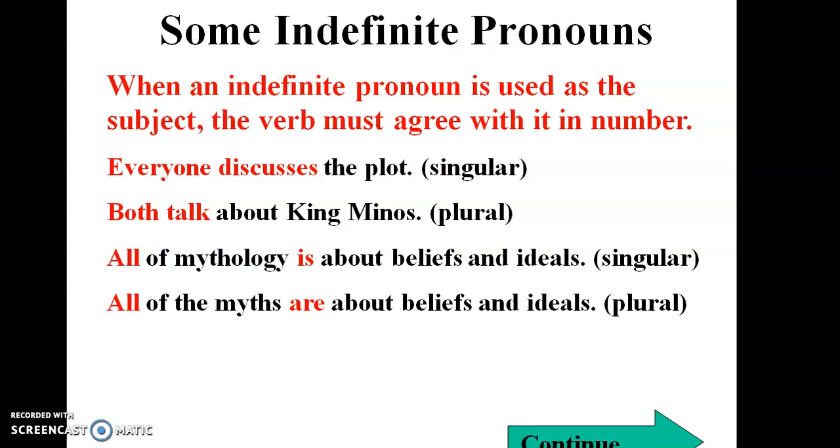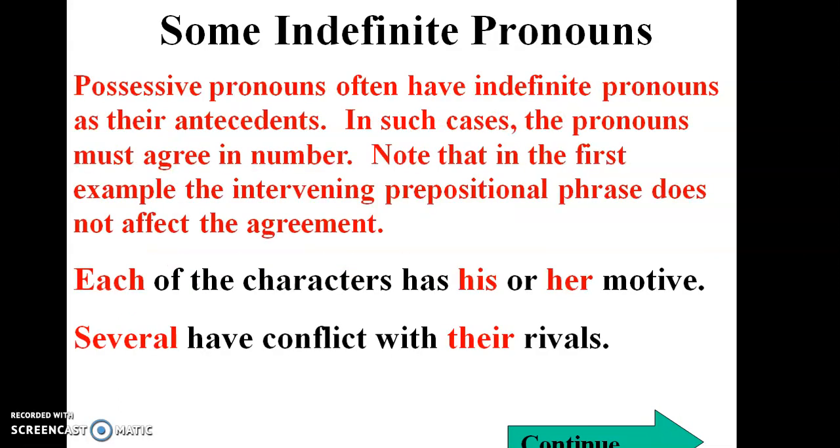All of mythology is about beliefs and ideals. It's a singular form. All of the myths are about the beliefs and ideals. You can see the s after myth, that's why we can say that it is the plural form.